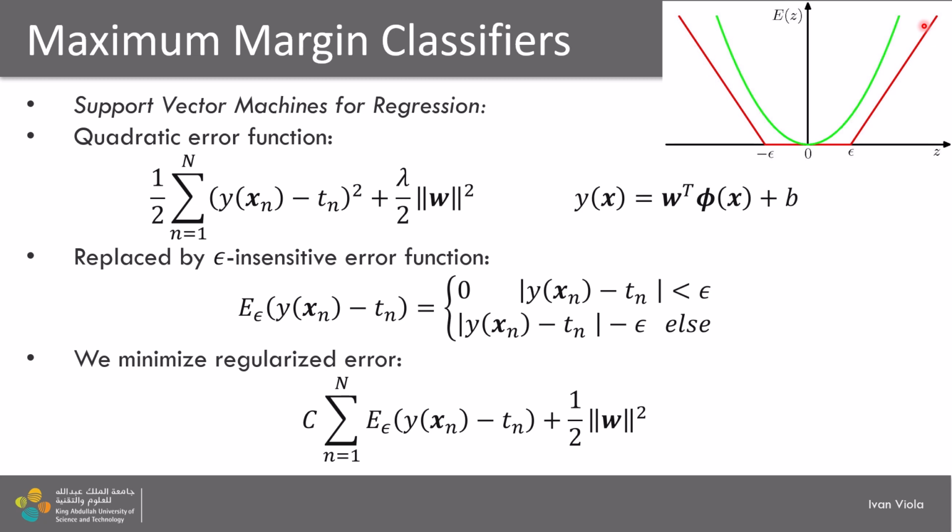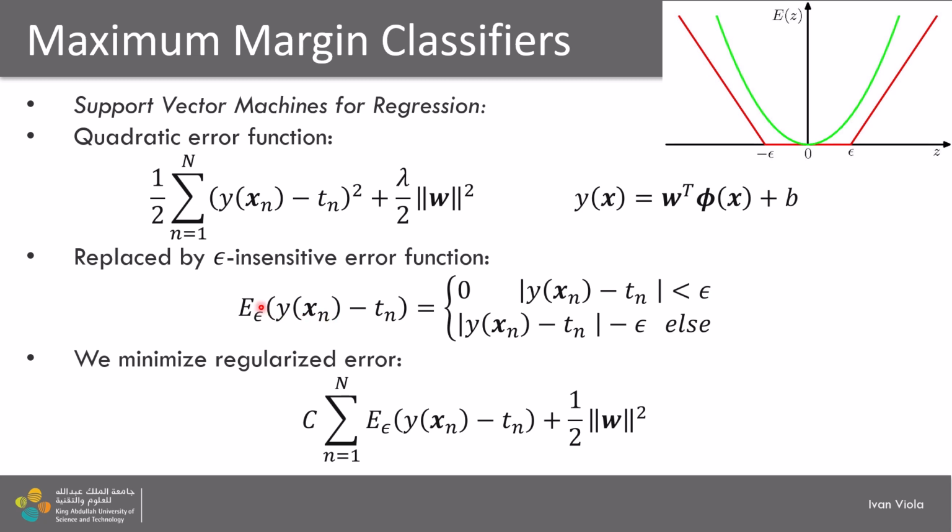Now, how is it defined? Imagine that we have a regression, we have a certain expectation of the t with respect to a given x, which is basically the mean of this distribution. And that's basically the y of each training point.